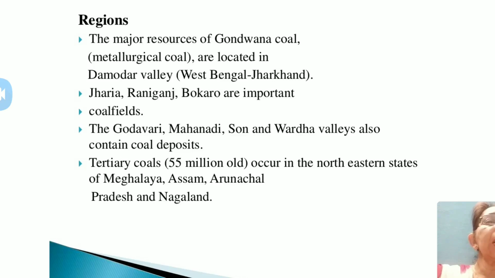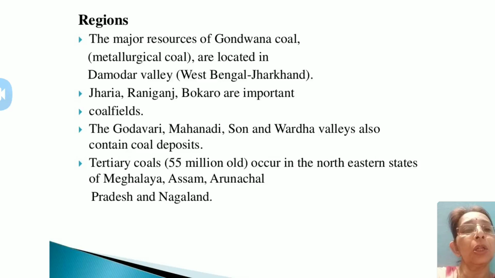Now let's talk about the regional distribution of coal. The major resources are Gondwana coal in the Damodar Valley, and the regions are West Bengal and Jharkhand. Jharia, Raniganj, and Bokaro are the important coal fields in India.